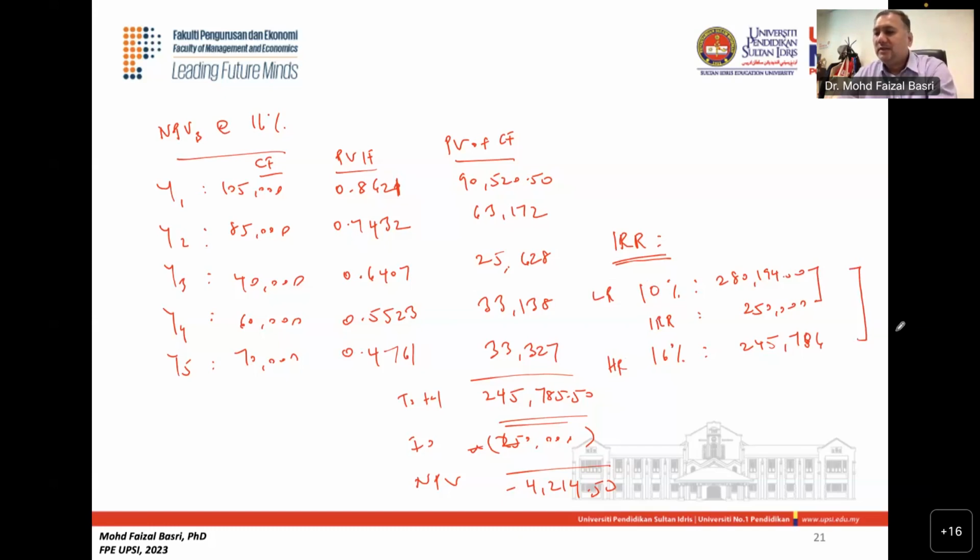So 280,194 minus 250,000 is 30,194 tadi. And the bottom part will be 280,194 minus 245,786. So it's 34,408. Okay, so you have two differences here.